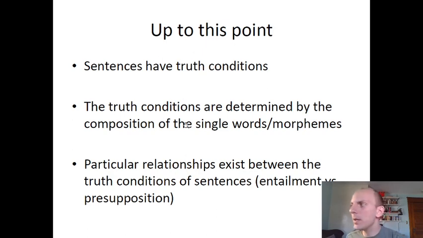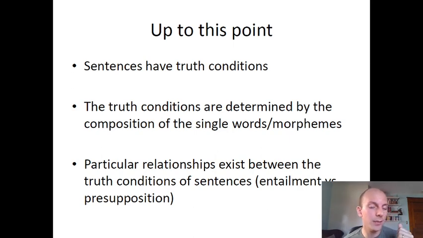So up to this point, a really quick recap of semantics and where we've gone so far before we push forward. We talked about truth conditions, what the world has to look like for a sentence to be true or false. Notice that concept is really important to both entailment and presupposition. We are talking about the truth conditions between two propositions, two sentences.